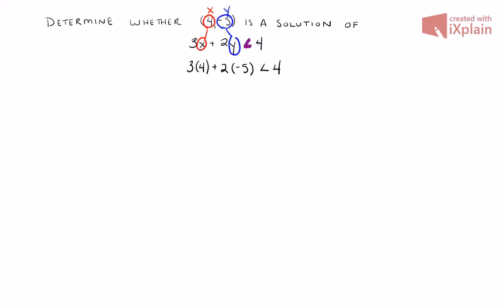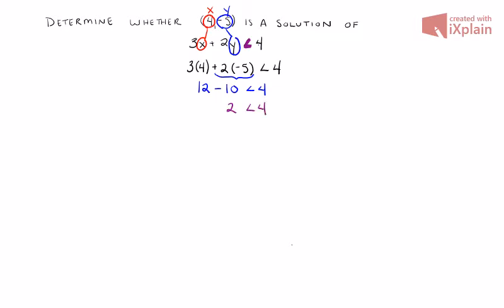Essentially, we want to clean up what's happening on the left-hand side. We do our multiplication and get 12, and then we have a positive 2 times -5, which gives us -10, less than 4. From here, 12 minus 10 gives us 2 less than 4.